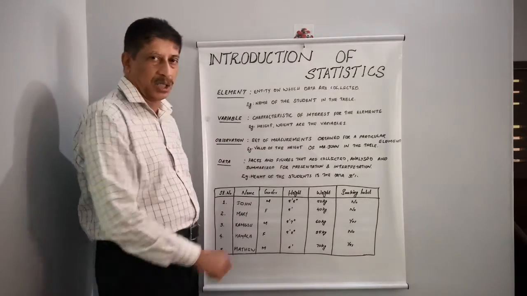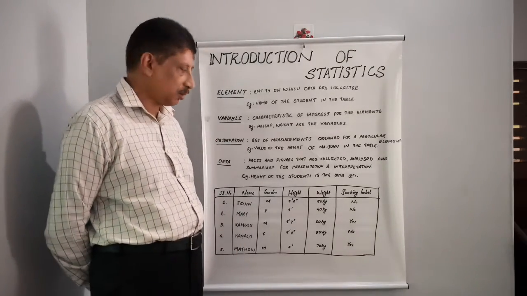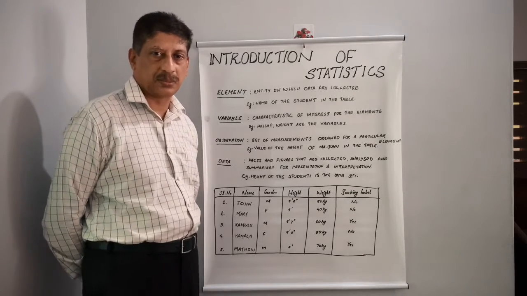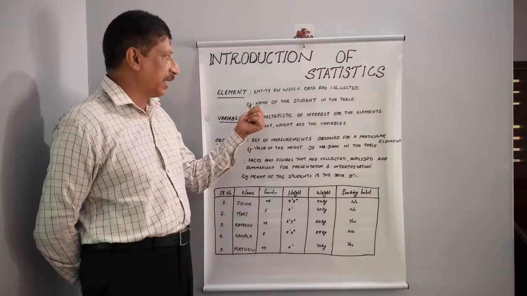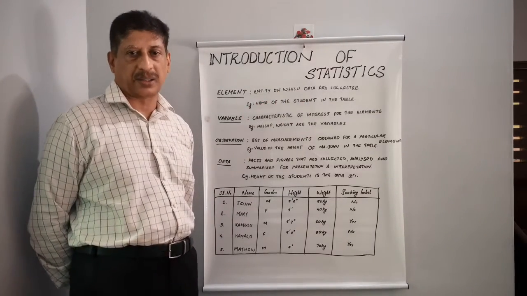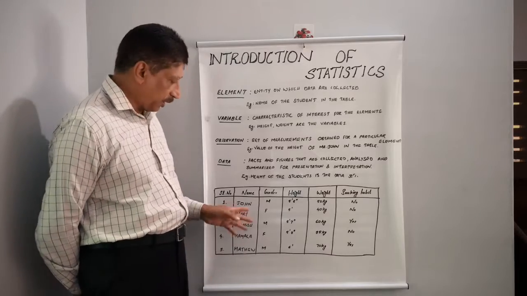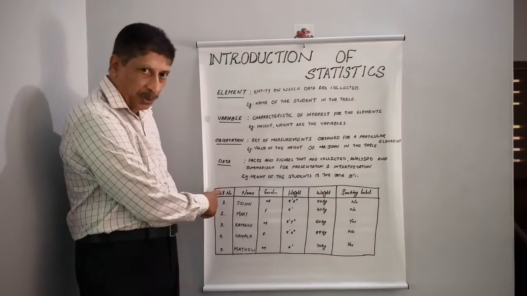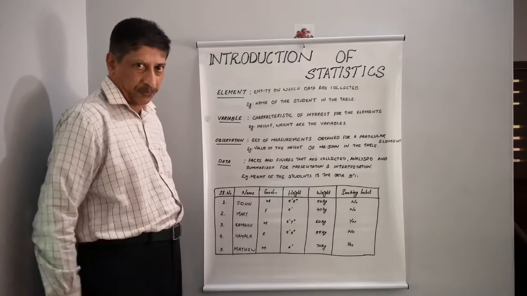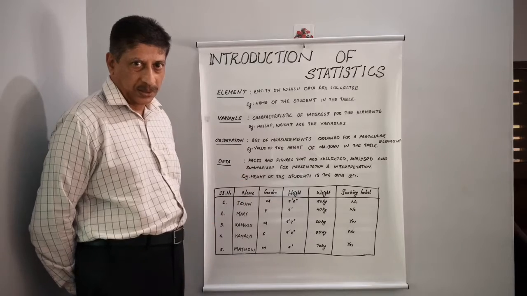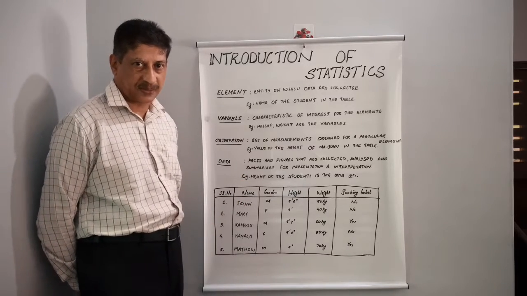The first word is the element. What is the meaning of the element? An element is an entity on which the data are collected. Look here in this table. We have the serial numbers 1, 2, 3, 4, 5, and under the second column, the names of the students.